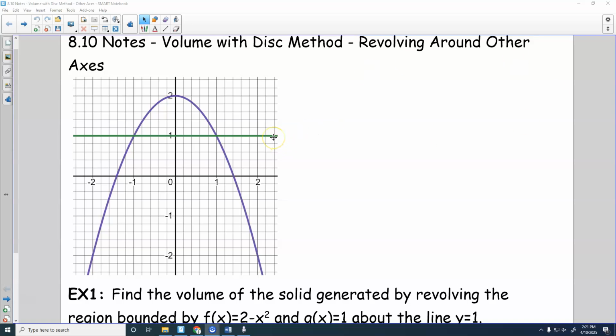So they'll still be vertical or horizontal, but it's not going to be the X or the Y axis. This is why I said it was important for us to think about that radius as our top number minus our bottom number, because today we'll be revolving around axes that are not 0.